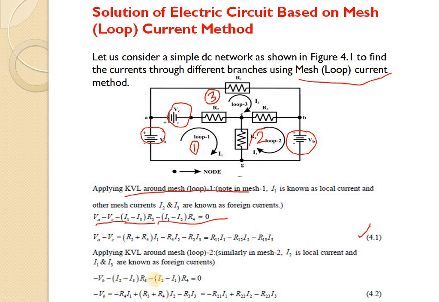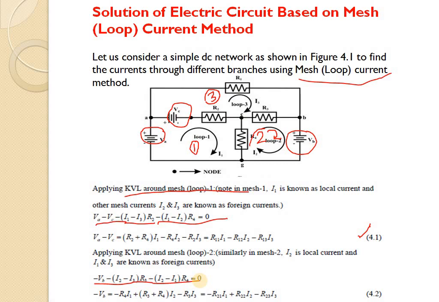Now applying KVL in mesh or loop 2. Here only the voltage source VB is present, and its direction is opposite to the direction of the current, which we have considered in this direction. So it is minus VB, and we calculate the drops in a similar way.